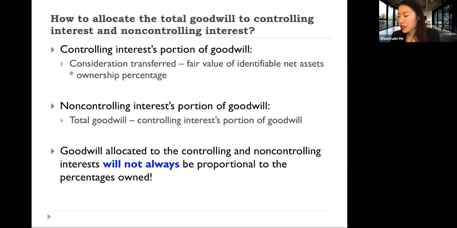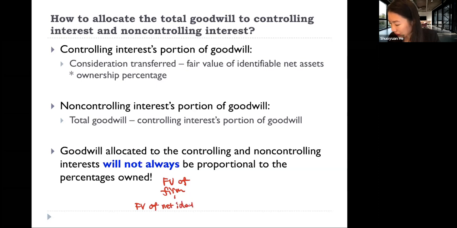We talked about the total goodwill is the difference between the fair value of the firm and the fair value of all of the firm's net identifiable assets.